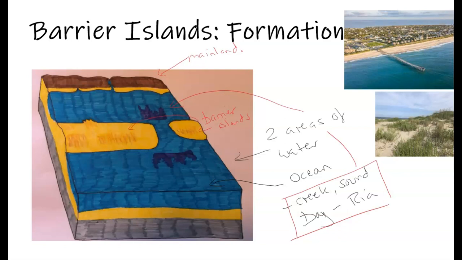I have left, on purpose, a separation, an area within the barrier island system where the water can flow through from the ocean into the creek, bay, or sound. And this is a tidal inlet.